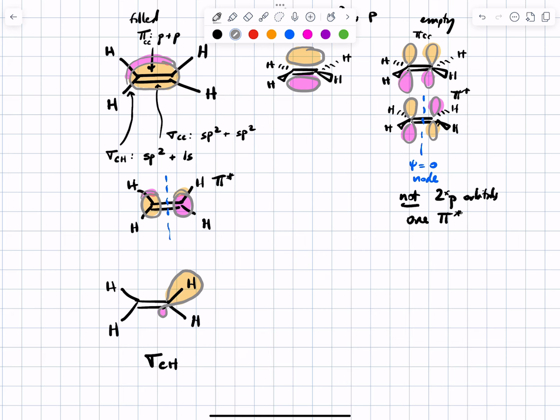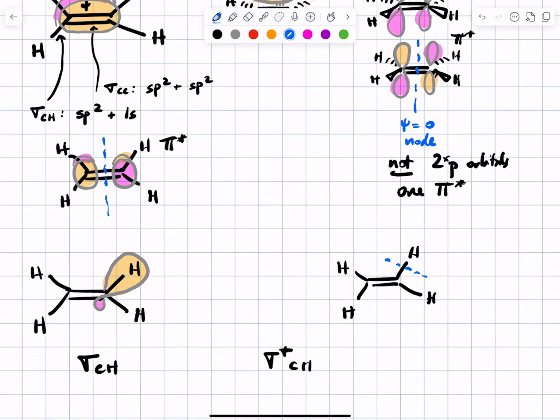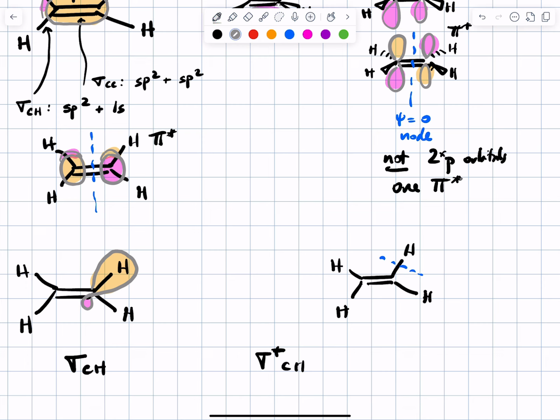How about the sigma star? What would the sigma star look like, just drawn on the same molecule? A sigma star or antibonding orbital is always going to have a node in between the two atoms. On the hydrogen side, it's just going to look like a sphere that's leaning away from the node, because it's been canceled out towards the node.